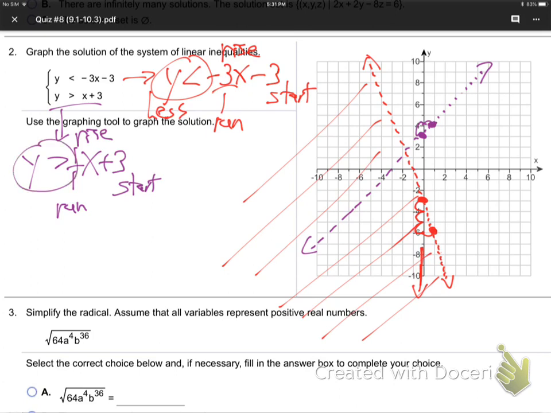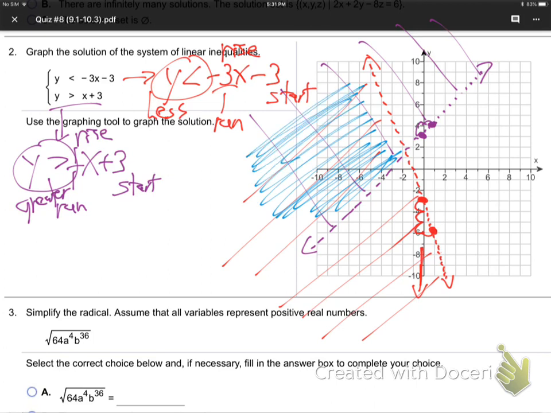So the purple one we shade above the dotted line, because greater stuff is above. So where do the two shadings overlap? Right here. So that's our final answer, where the two shadings overlap.